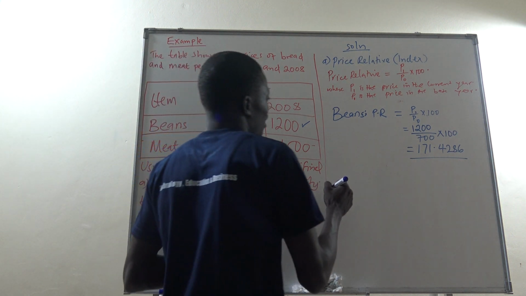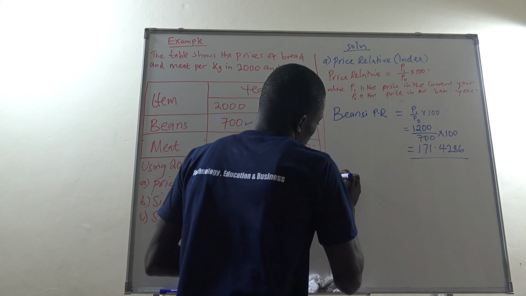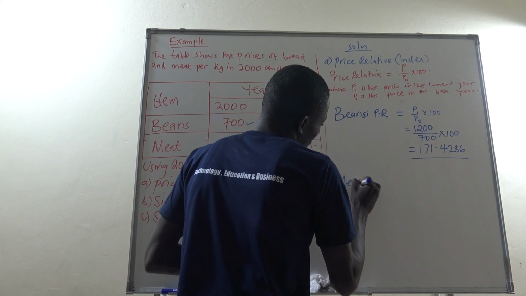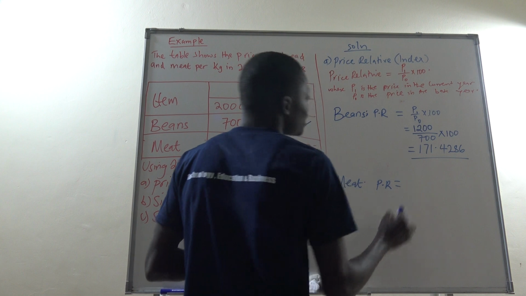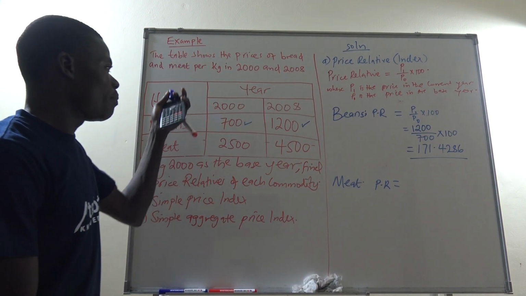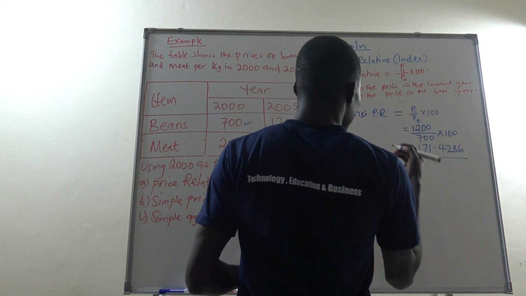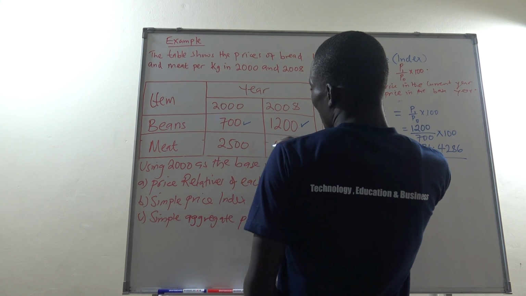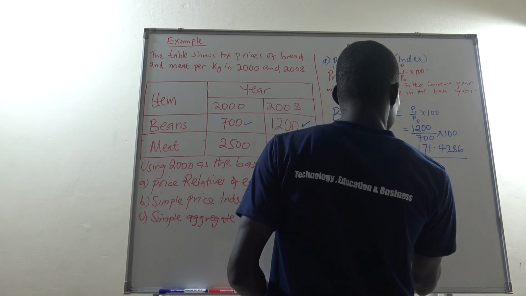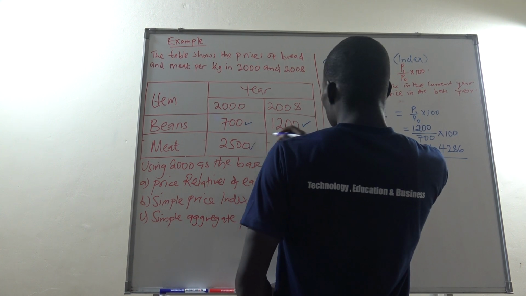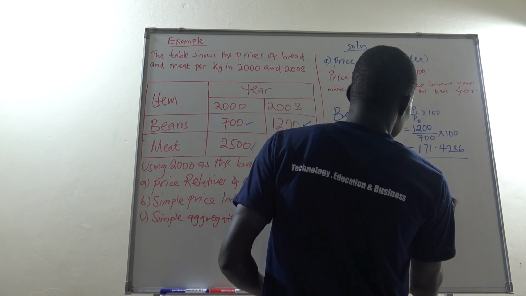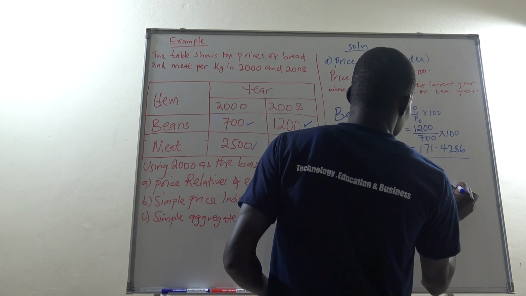Now the second one is meat. We said price relative of meat is given by P1, which is the price in the new year, which is 4500, divided by the price in the old year, which is 2,500, times 100.